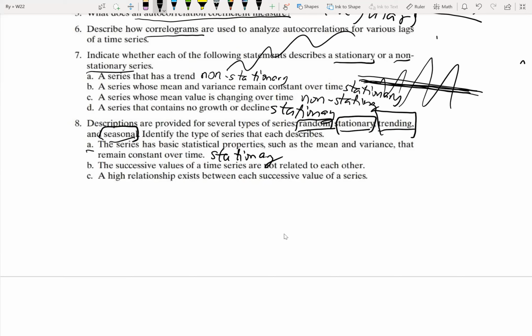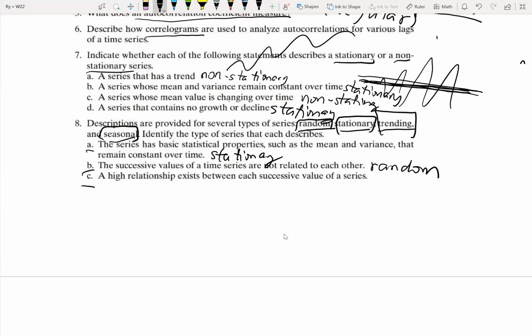Okay, good guess. Question B, the successive values of a time series are not related to each other. Random? Excellent. This is random. Question C, a higher relationship between each successive value of data.